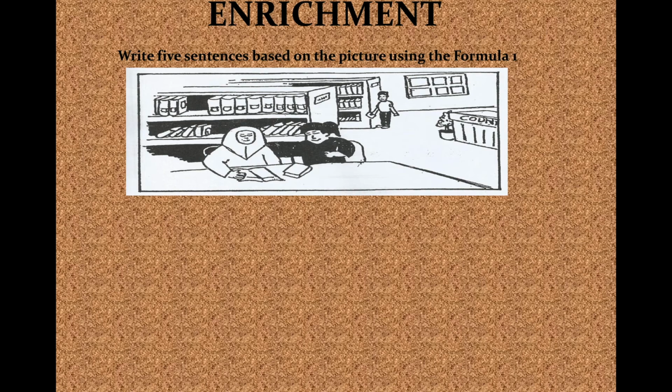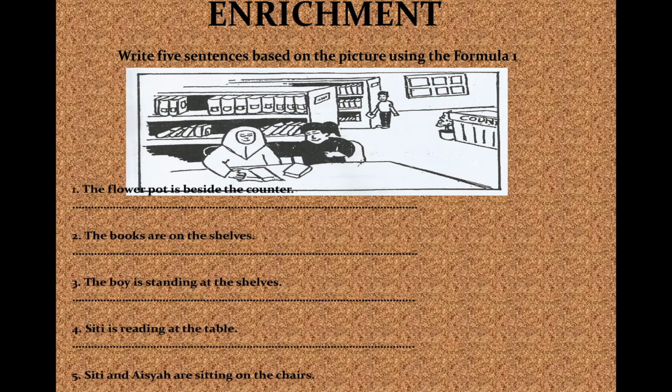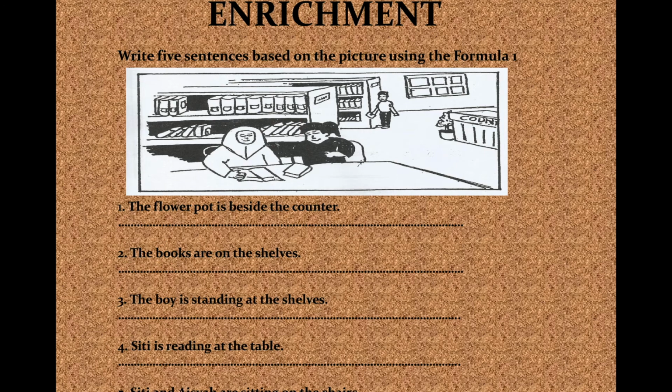For enrichment activities, you have to write 5 sentences based on the picture using the Formula 1. These are examples of sentences for the picture using the formula that you have learned.